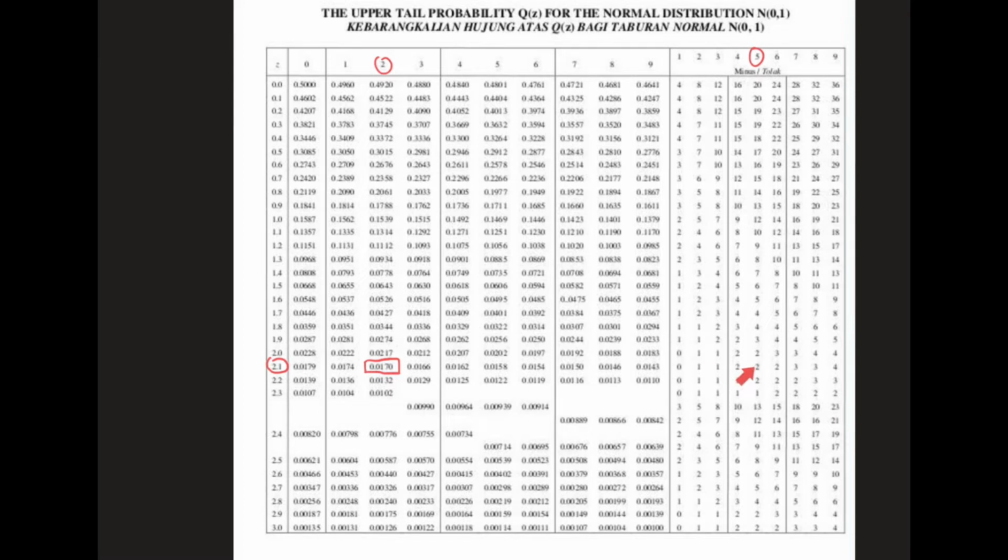We have 2 there, I circle it first. No, not this one, the 2 up here. So we need to minus 2. 0.0170 minus 2 gives 0.0168. So that's the probability.